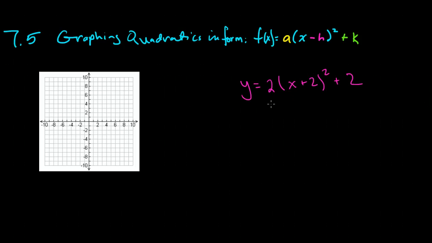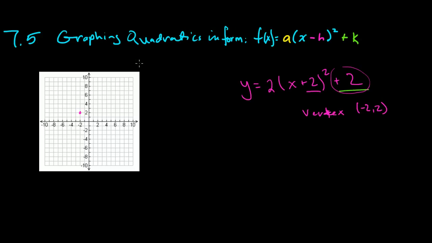Well, we know that the vertex of this parabola is going to be at the opposite of h and whatever k is, right? So the opposite of h and k. So our vertex is going to be at -2, and that's a positive, so +2. So our vertex is going to be back 2 and up 2. So there is our vertex.